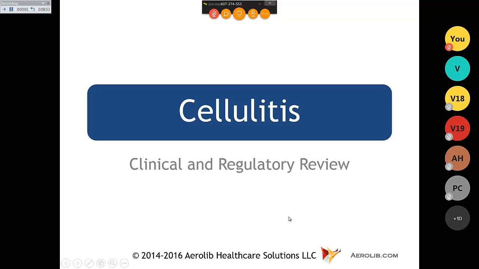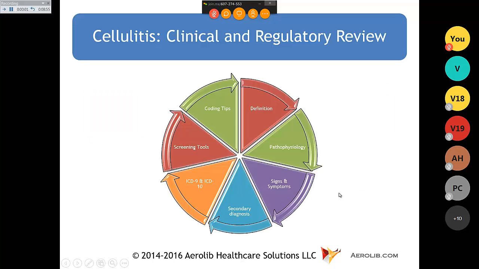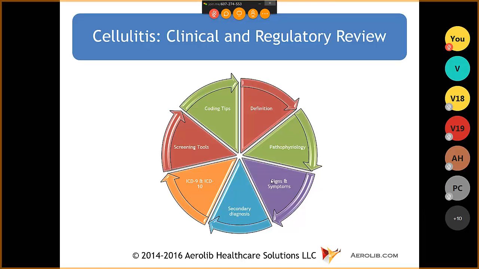So let's start with our topic of cellulitis. People familiar with the call know that we talk about some definitions and some pathophysiology. We look at signs and symptoms and secondary diagnoses, and pretty much talk about the spectrum of disease, not only from a physician standpoint, but from a hospital standpoint and a payer standpoint, on what needs to be added.